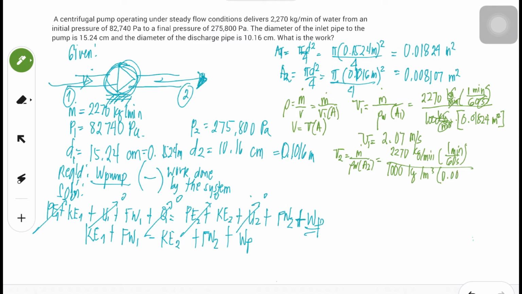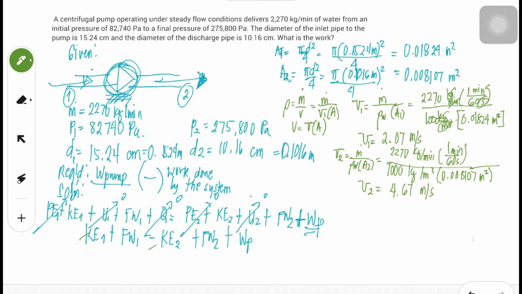Area at point 2, 0.08107 meters squared. This is now 4.67 meter per second. So for our kinetic energy, the flow work is also equal to the density. So let us compute this.